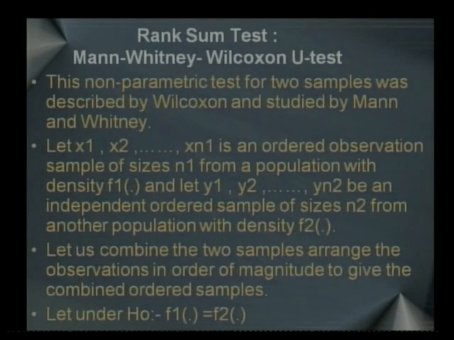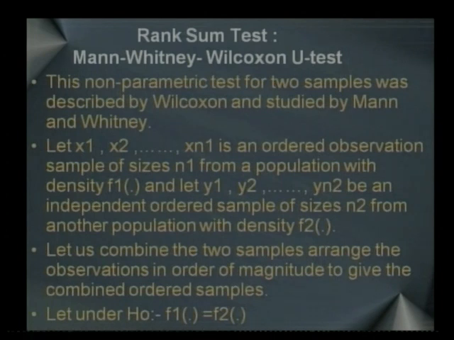Let us see the slide. Let x1, x2 up to xn1 be an ordered sample of size n1 from a population with density f1, and y1, y2 up to yn2 be an independent ordered sample of size n2 from another population with density f2.